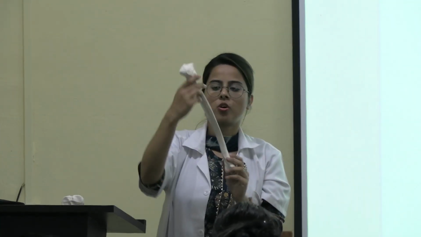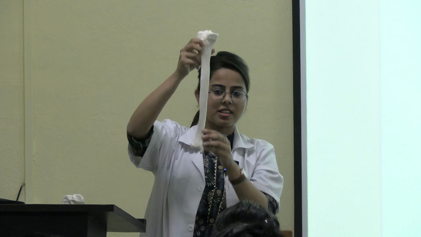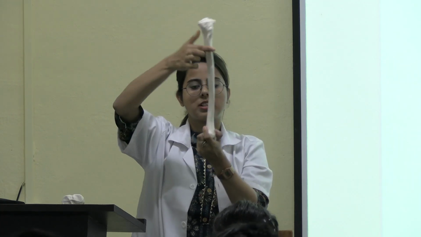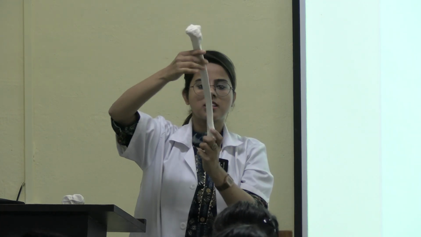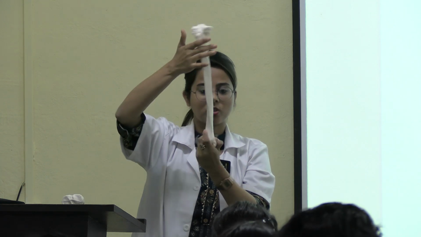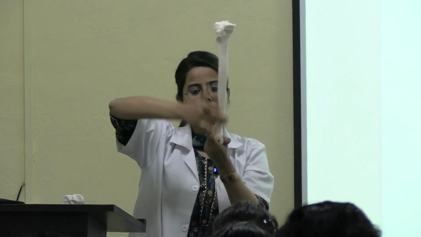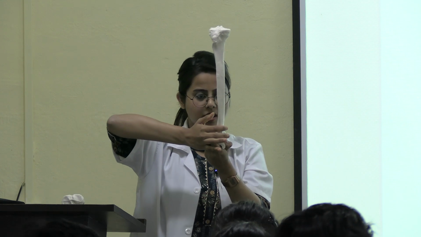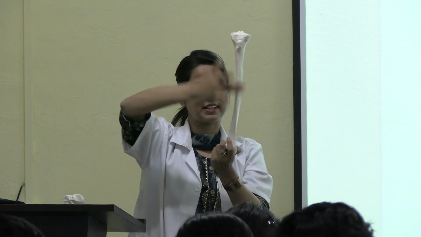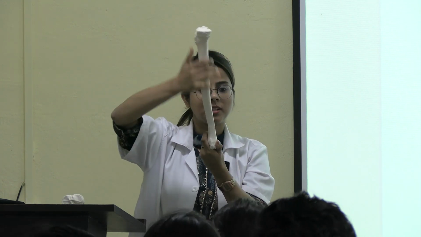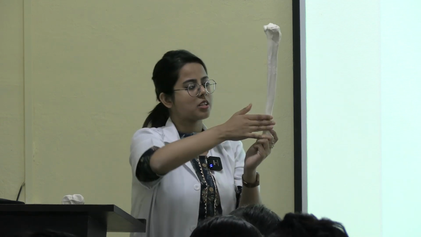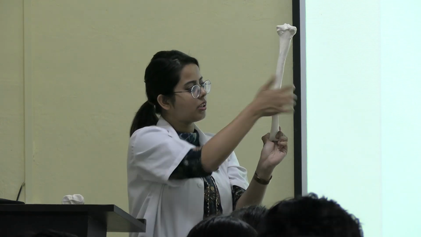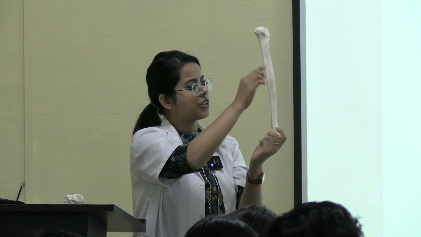Okay, so this area, as you can see, is present between this anterior border and this medial border. So this surface is known as medial surface, present between the anterior border and the medial border. This surface is present between anterior border and lateral border.